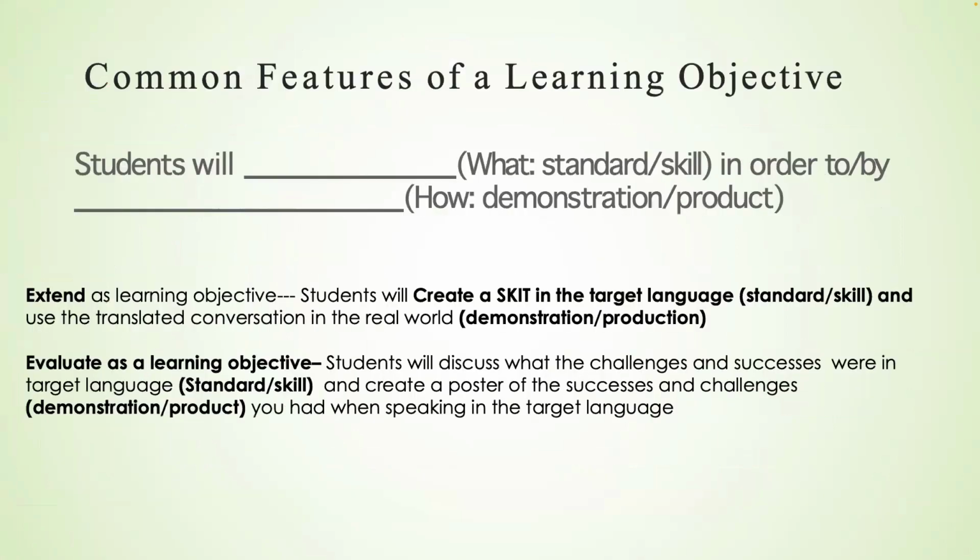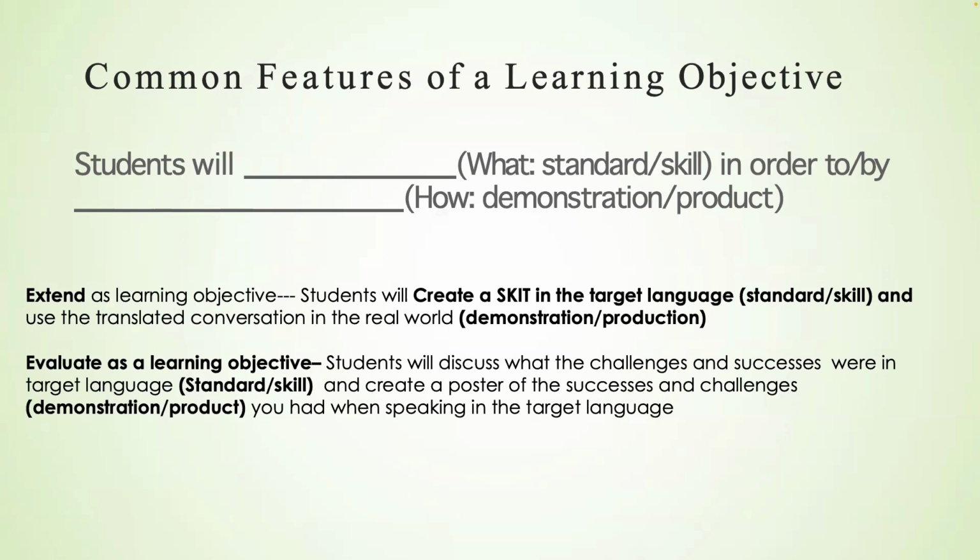So common features of a lesson objective: it states students will, and then you put in what the standard or the skill you're going to have them do, in order to, or by doing something, basically a demonstration or produce a product. So the learning objective tells you the what and the how of what students are to be doing.